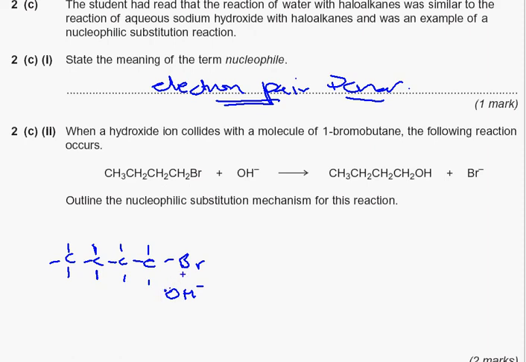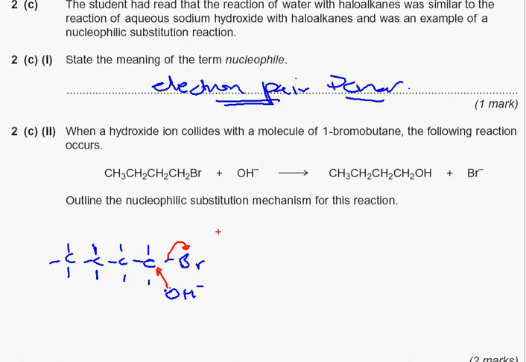What we must do is show that this lone pair is going to this carbon atom. Then we've got 5 bonds on our carbon, which gives the bromine atom the opportunity to take both electrons and be greedy.